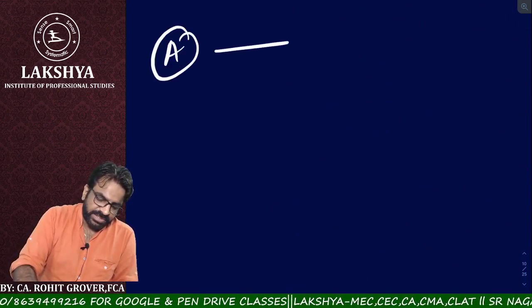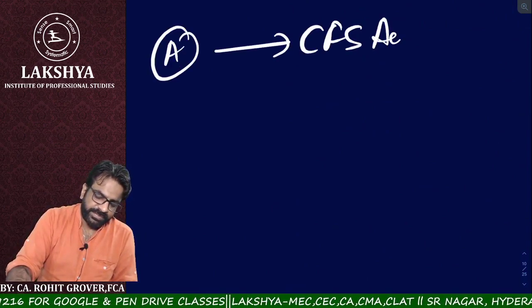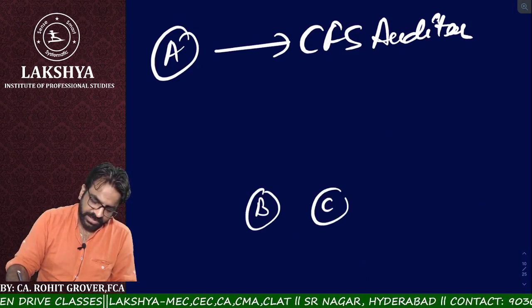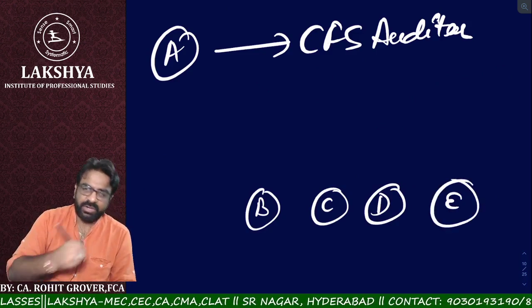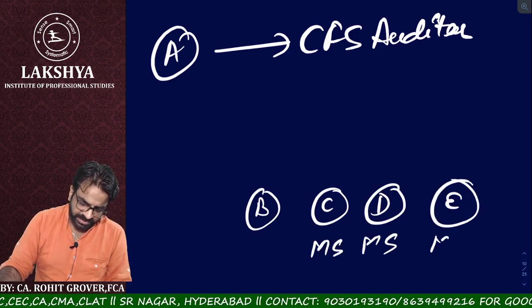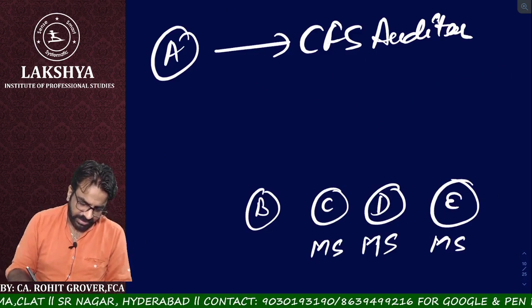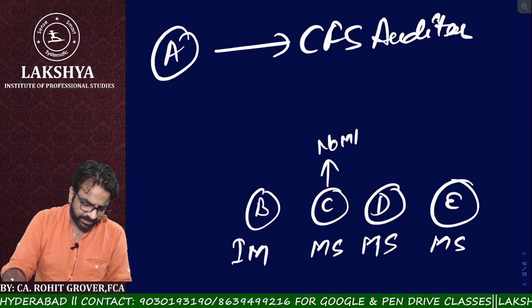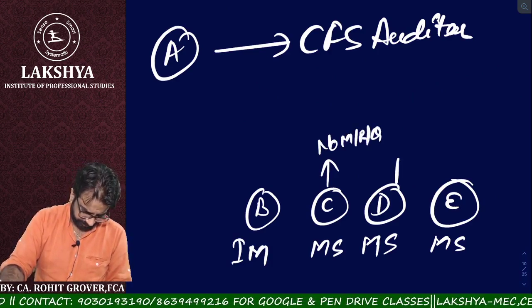Mr. A is a CFS auditor, the consolidated financial statement auditor. B, C, D, E are component auditors. This is a material subsidiary, material subsidiary, material subsidiary. This is an immaterial subsidiary. Here, no modification, no reservation, no qualification.